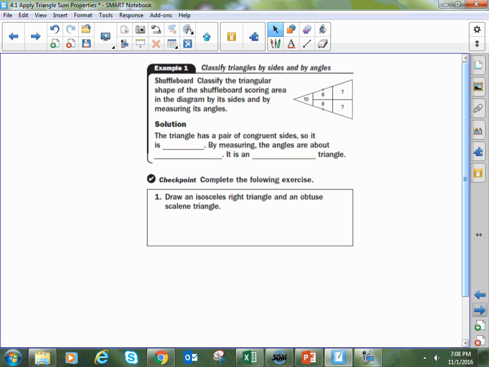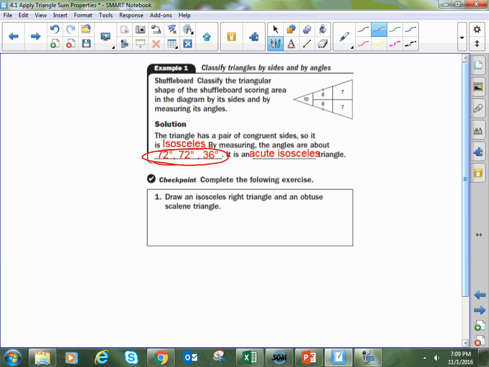If you had to classify the triangle by its sides and its angles, well, based on the congruency markings, there are two sides that are the same, so it must be isosceles, and the angle measures do all appear to be less than 90 degrees, so we would say it is also an acute triangle. These angle measurements, I want to be clear, the 72, 72, and 36, are just approximations that we're giving to work with the particular triangle.